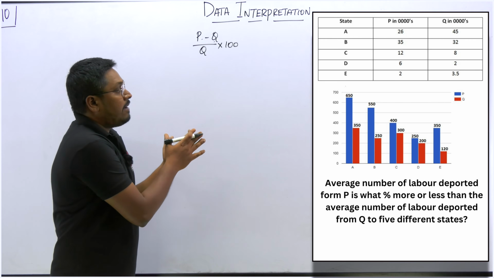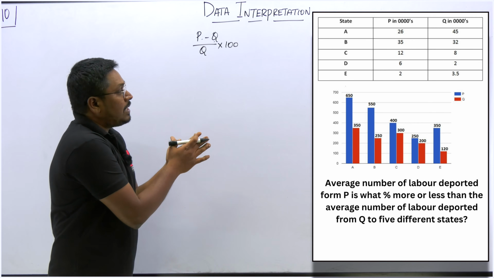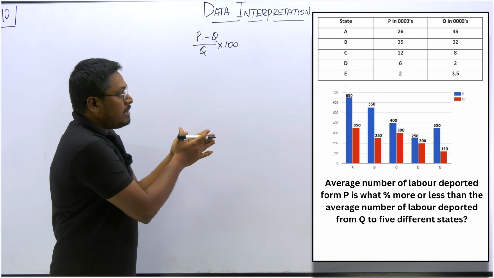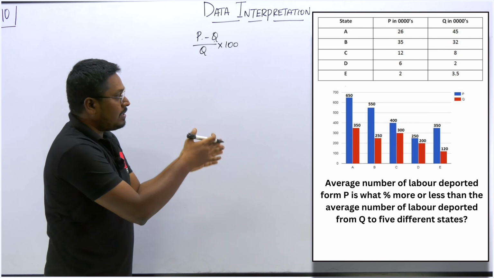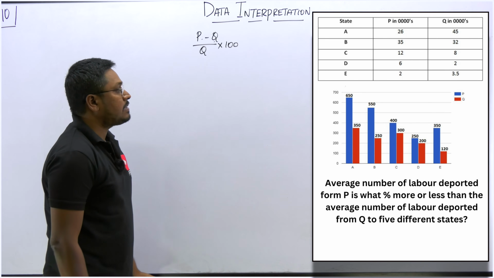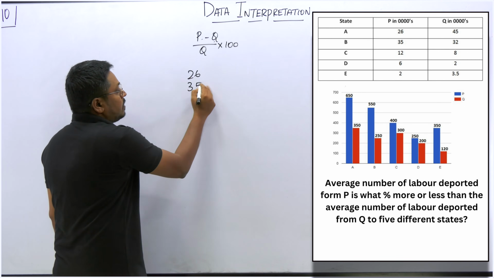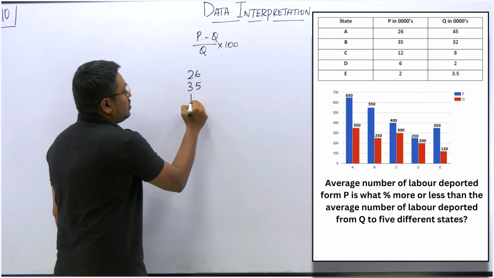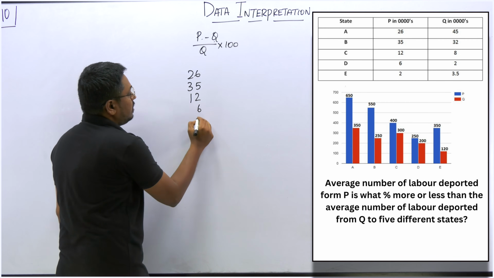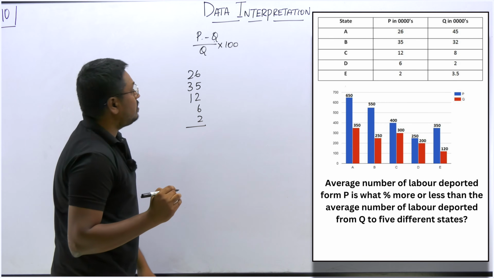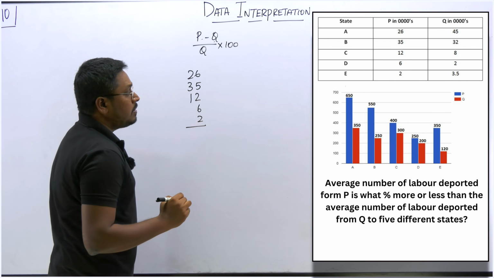That is the way to solve the question. So first let me find the average, right? So average, that is from state P, right? So state P average of all the 5 states, that is 26, 35, right? So 26, so 35, so 12, 6 and 2, right? Yes, 12, 6 and 2. Okay, so let me add all the values.